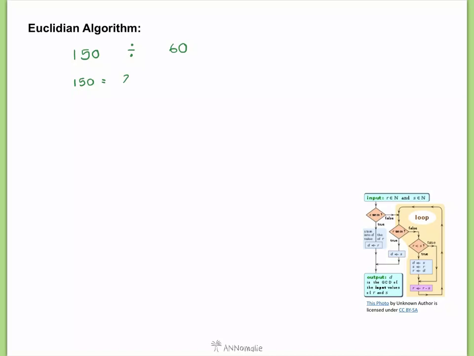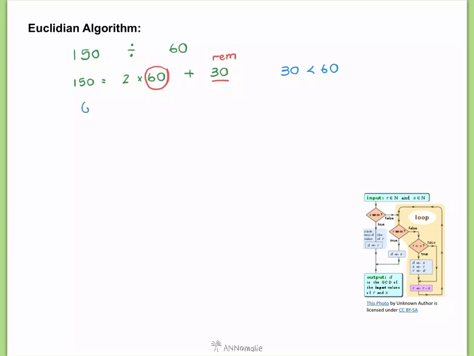That is 2 times 60 and a remainder of 30. We confirm that 30, the remainder, is less than the divisor. So 30 is less than 60. And we start the process again.